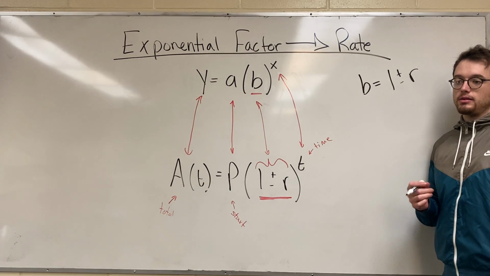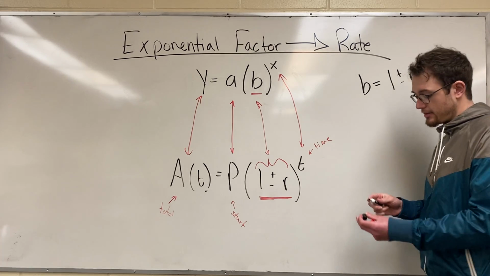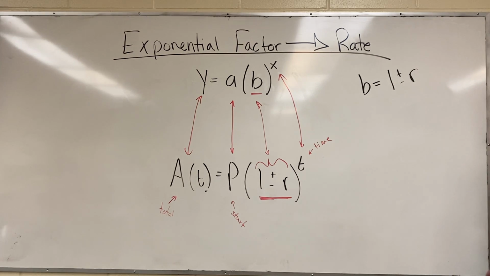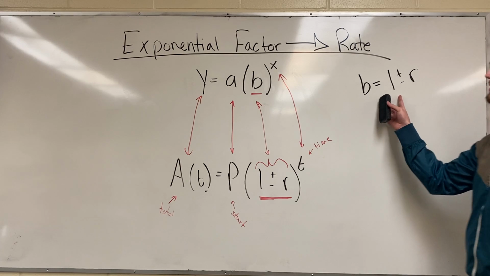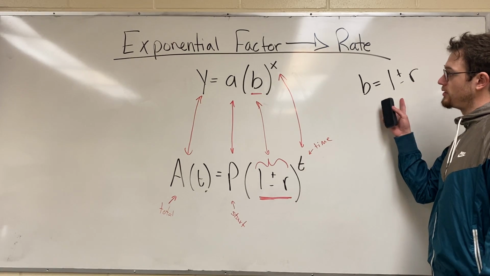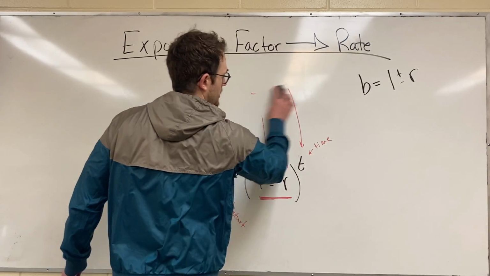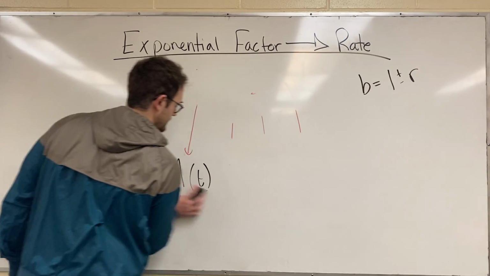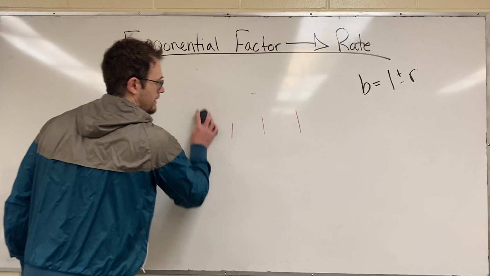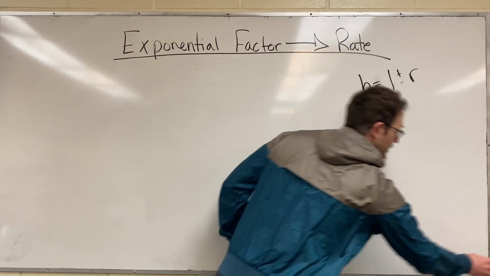Now let me erase all this and give an example. So we know that this is the general form for B: 1 plus or minus R. So now let's talk about a problem that my students are dealing with.